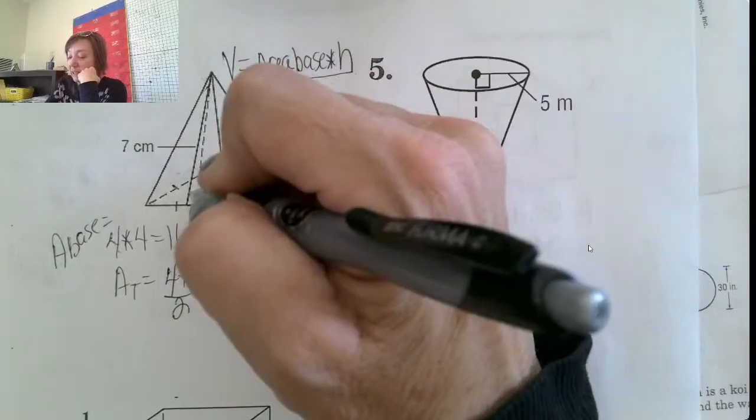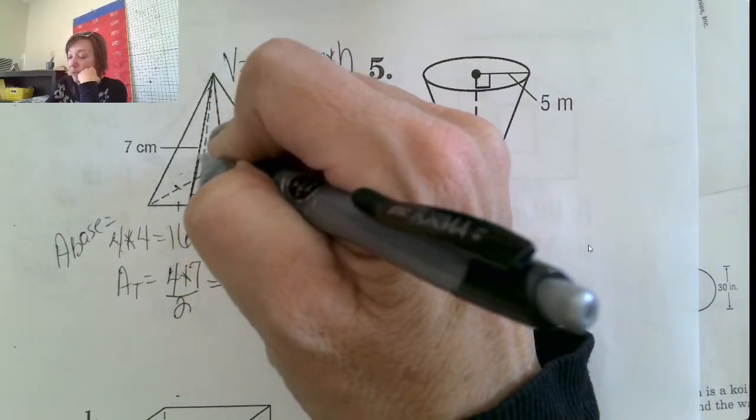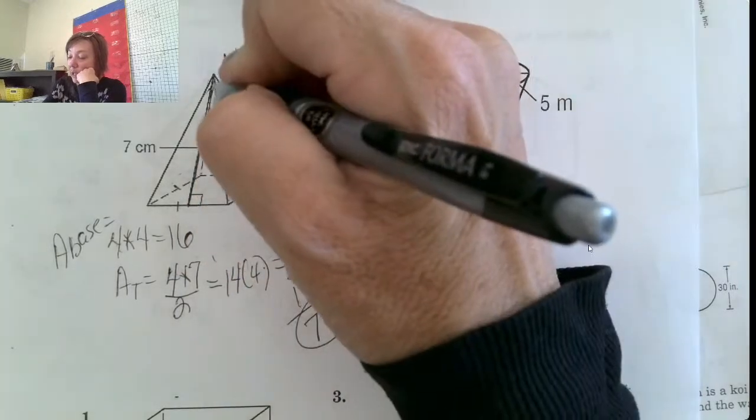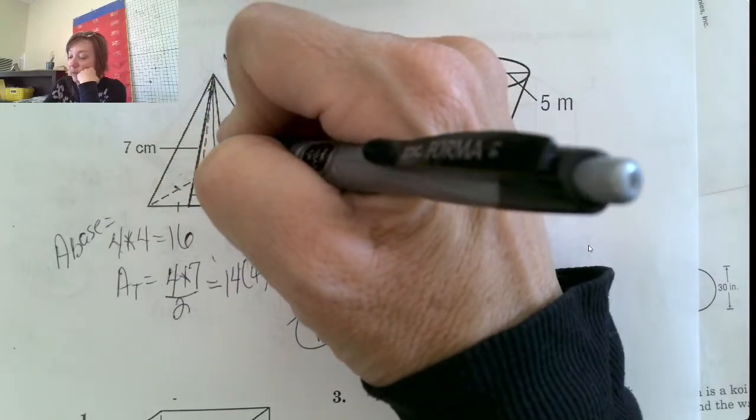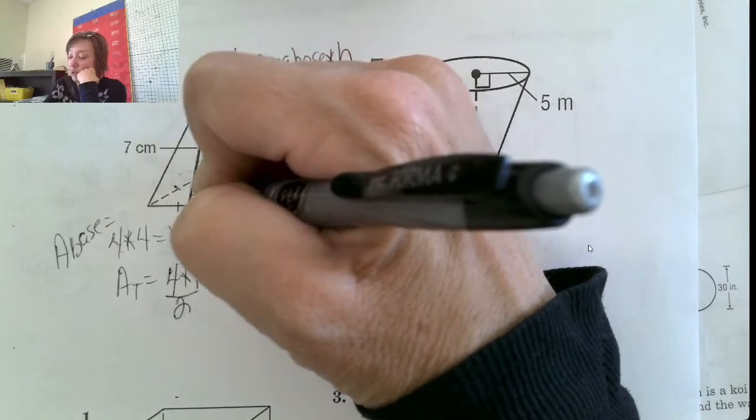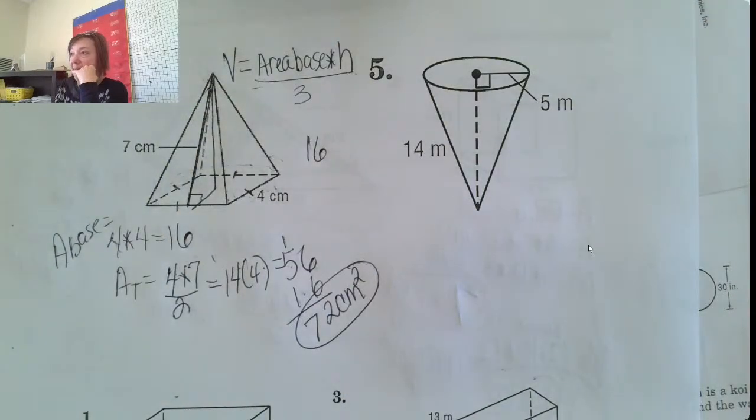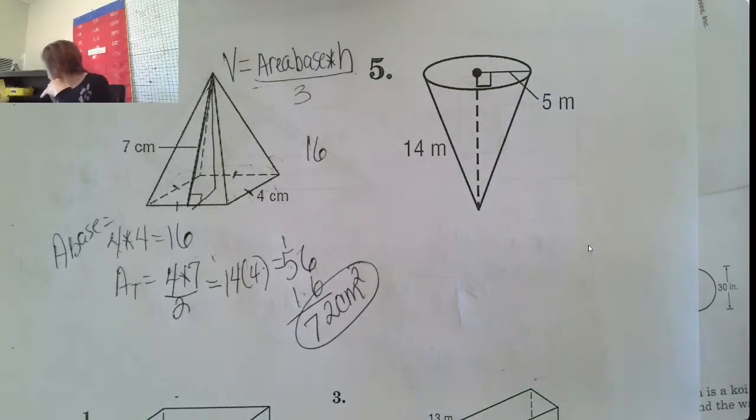Can you see that if we put a line right down the center of this guy right here, that we have a right triangle? Can you see that? Can everybody visualize that little triangle in there? Let me see.